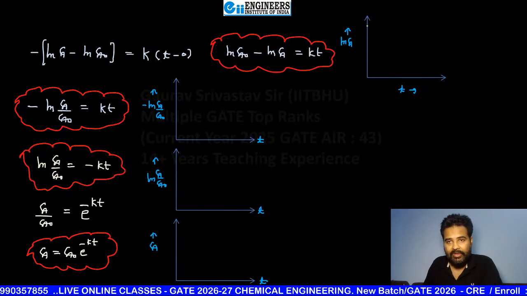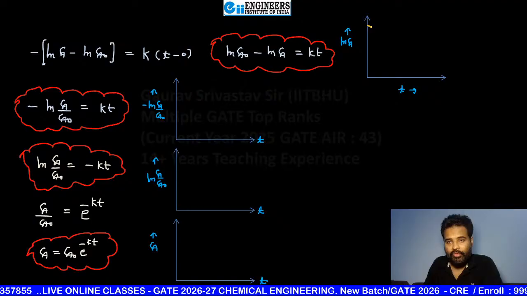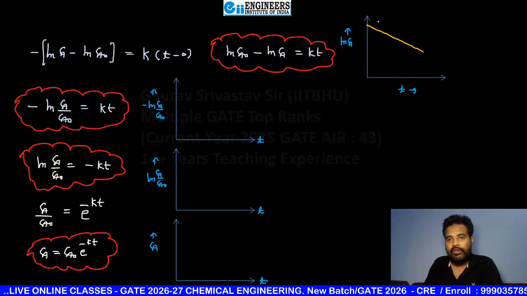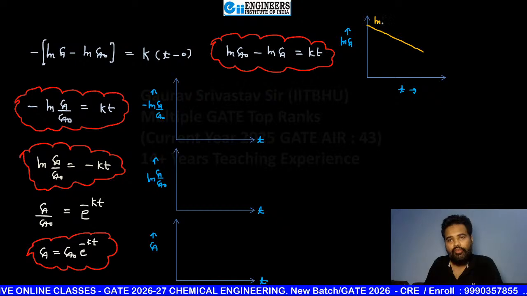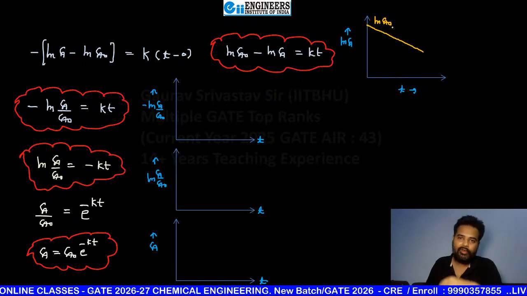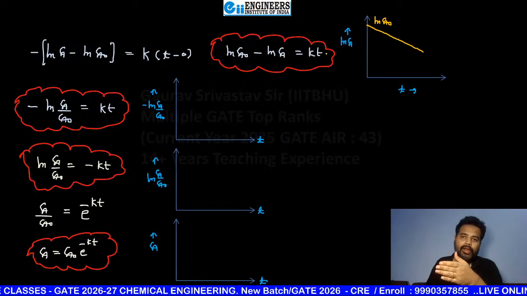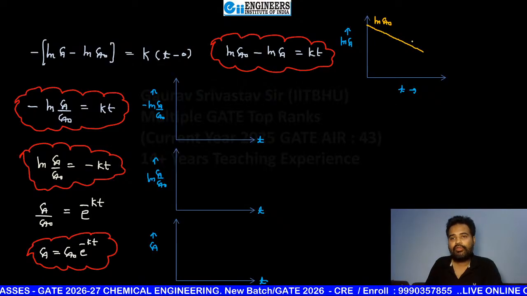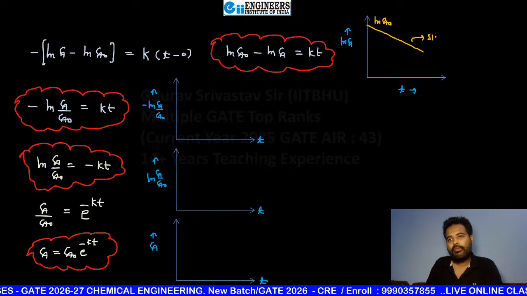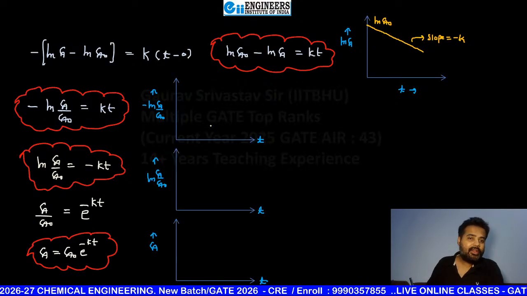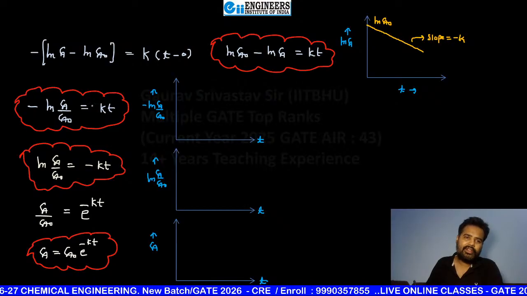So minus Kt means it is going to start from here and move like this. And this point will give you ln of Ca naught value. So here the slope will be minus K.